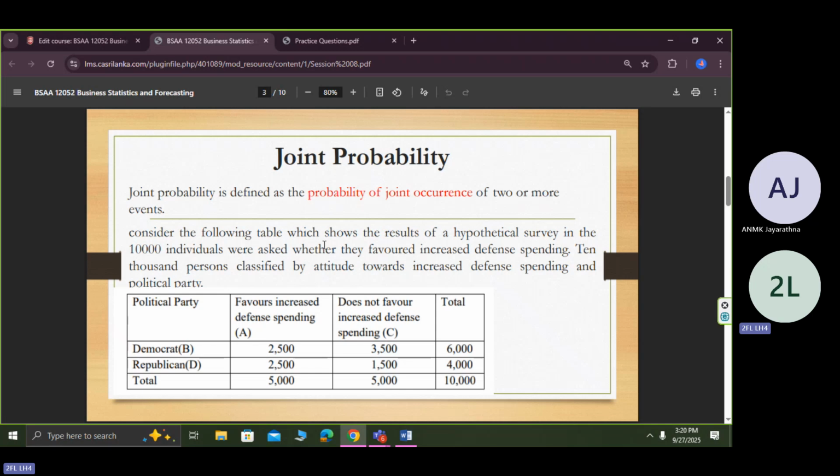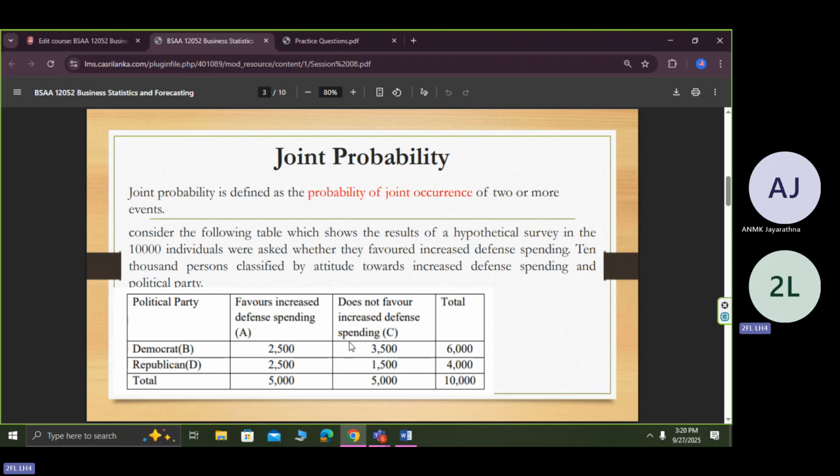This table represents a contingency table. In Chapter 3 we studied the contingency table. It displays categorical variables.